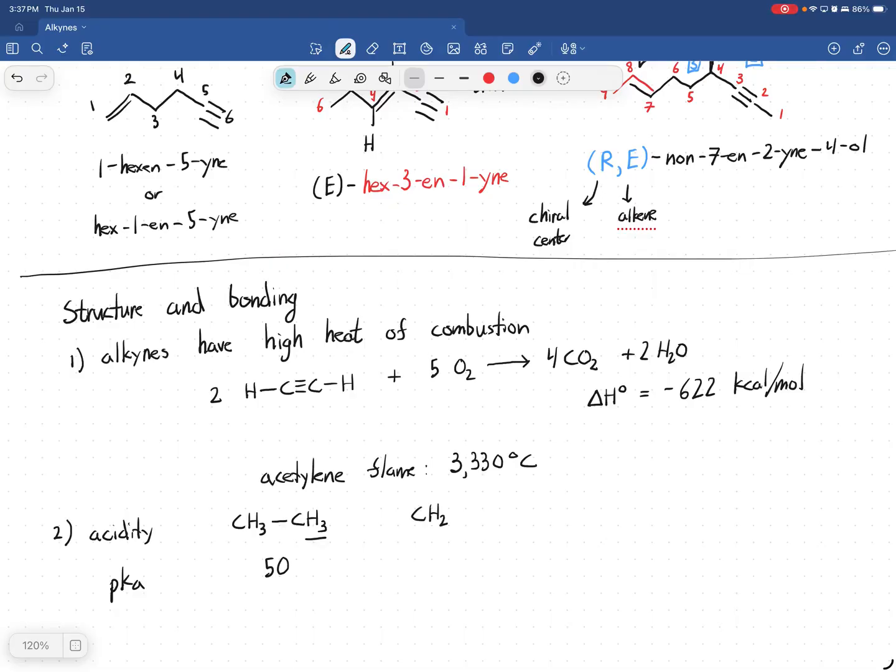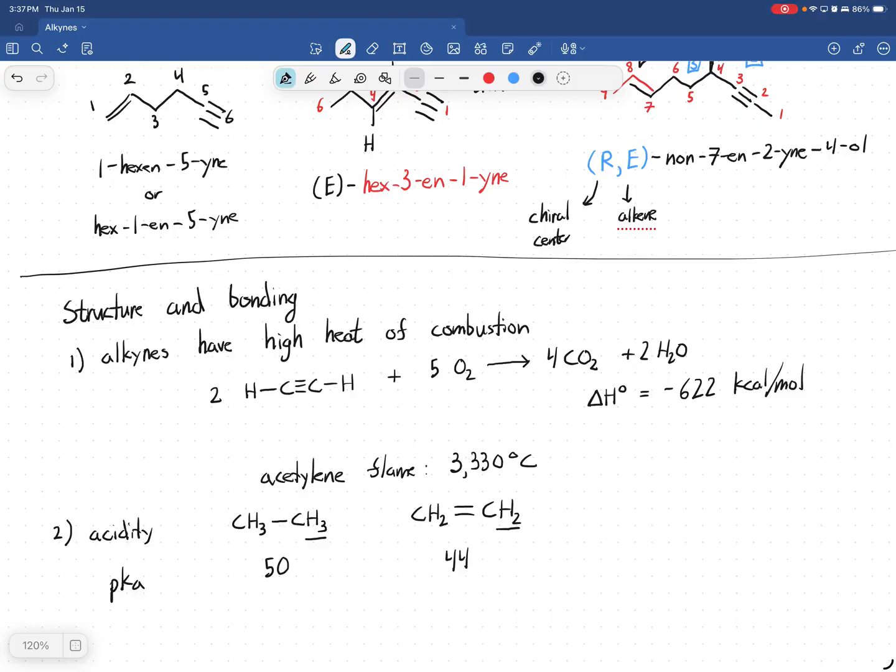Alkenes are slightly more acidic based on the hybridization of the carbon. So remember the orbital plays a role in acidity, and since we're comparing both carbon atoms, the orbital matters here, so 44. So not that useful.